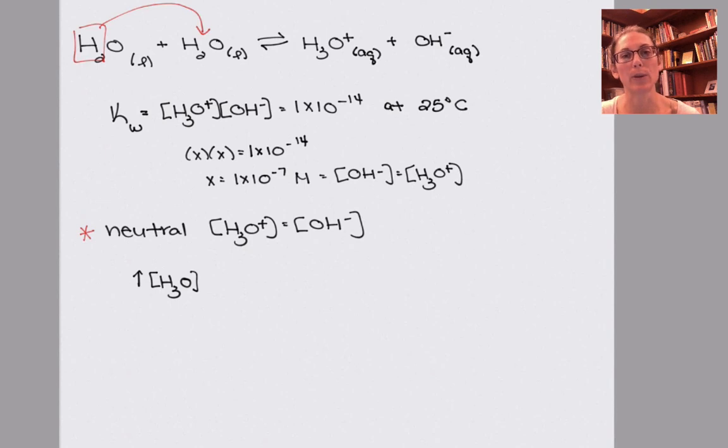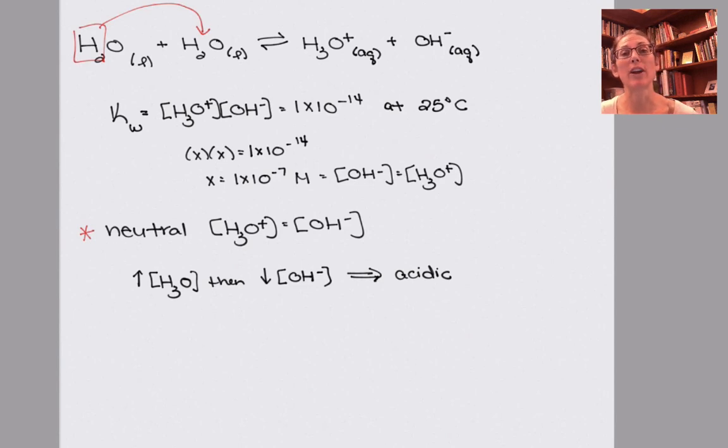But this is an equilibrium. You always have to have the product of hydronium and hydroxide be 1 times 10 to the negative 14th. So if I increase the concentration of hydronium, then the concentration of hydroxide is going to have to decrease. And this is true in an acidic solution.